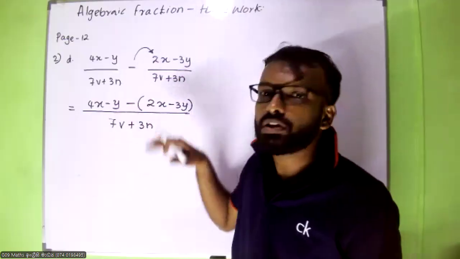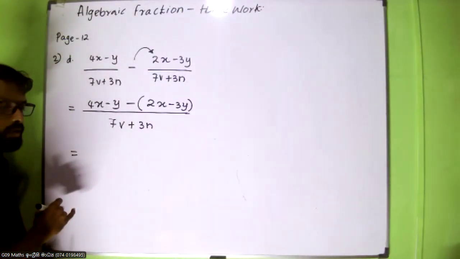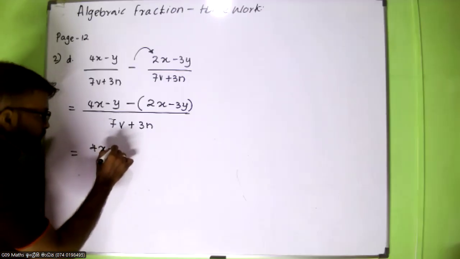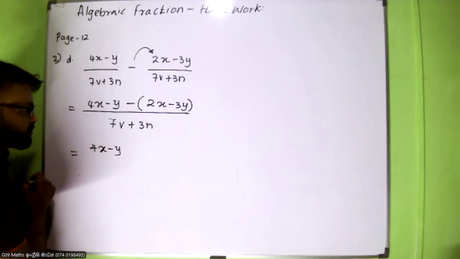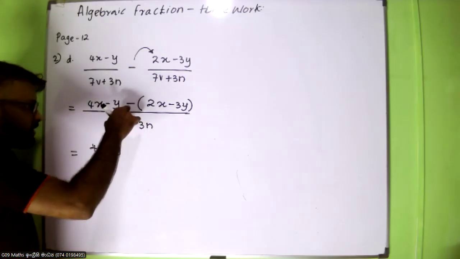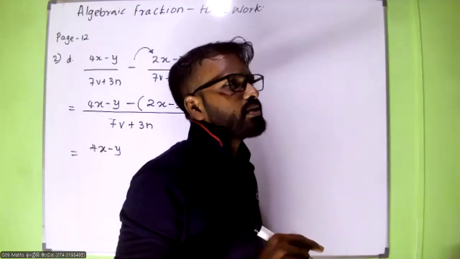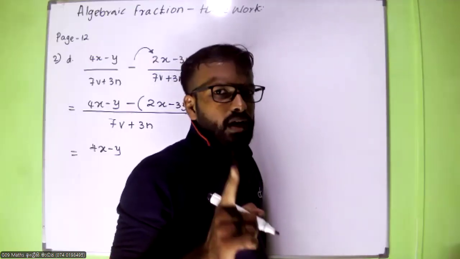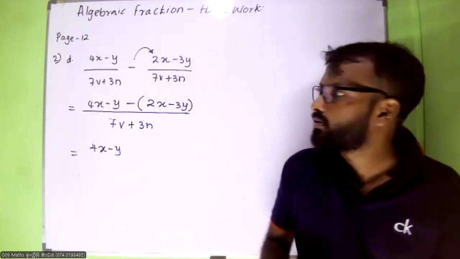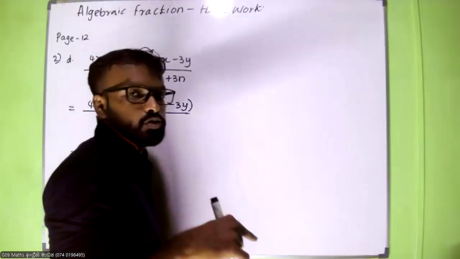Then let's go for the simplification. Equal mark, 4x minus y. Here, what is the meaning of parenthesis? I told you, parenthesis means multiplication. So do you know sign conversion? Yesterday also I gave you.